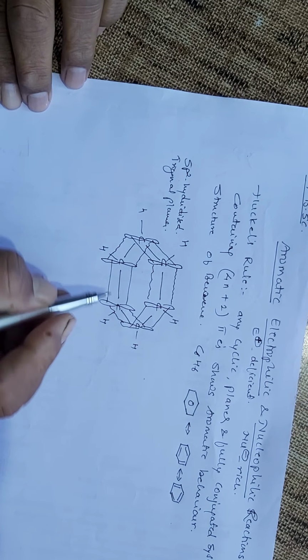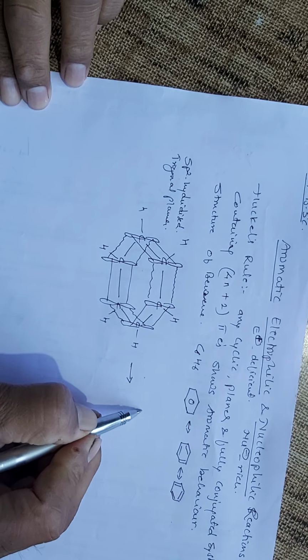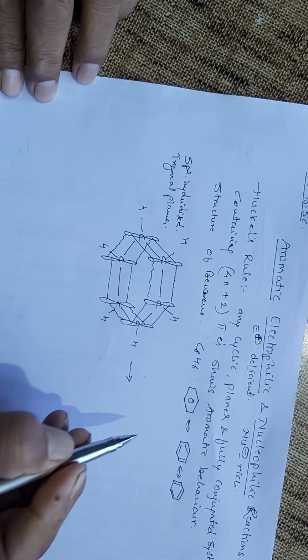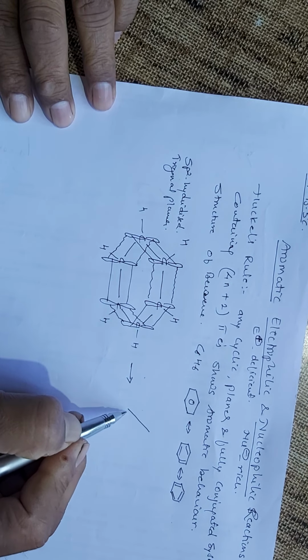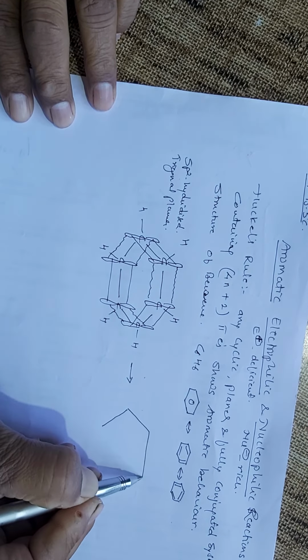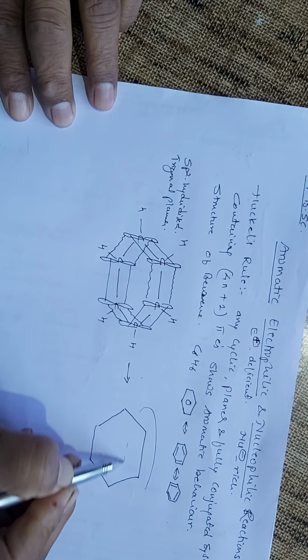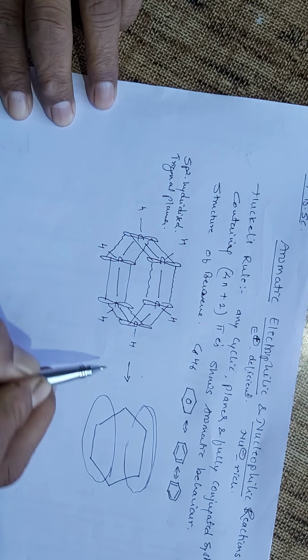This means there is a continuous delocalization of these pi electrons throughout the ring, and it forms the pi electron cloud above the plane of the ring and below the plane of the ring.